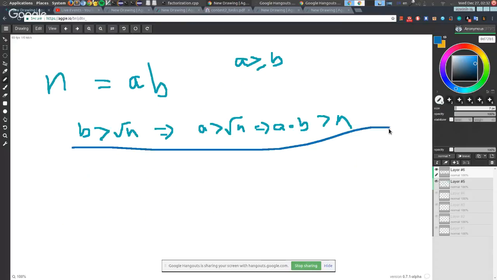So we have a contradiction. So we'll say that b is smaller than or equal to the square root. Otherwise, we can only have one number, which is a, that is greater than the square root.